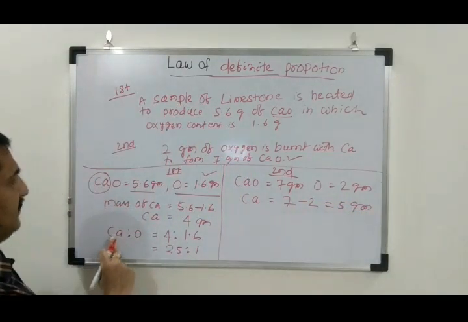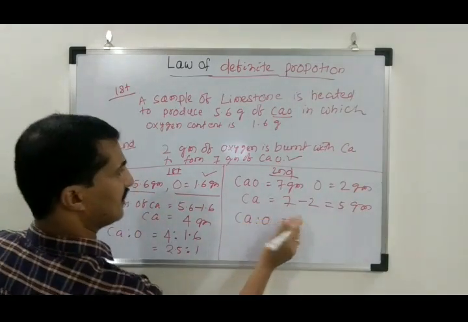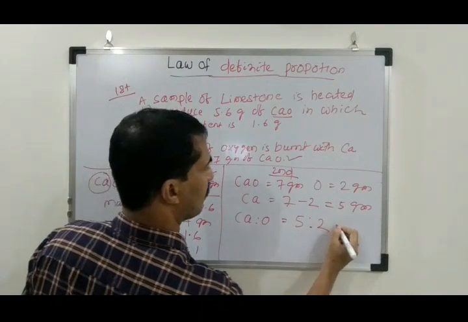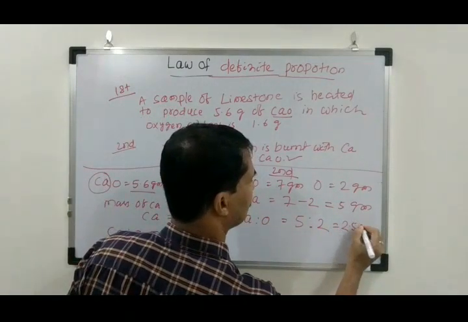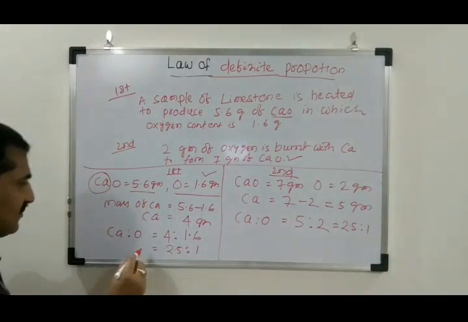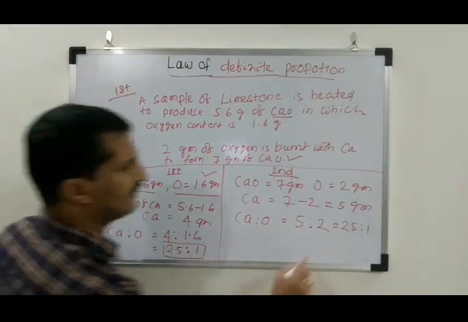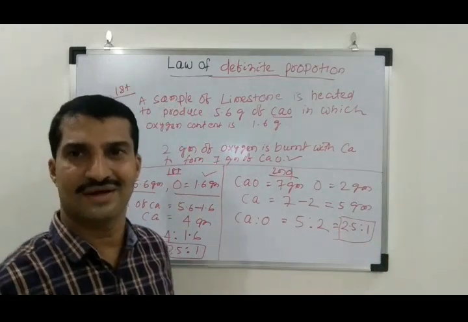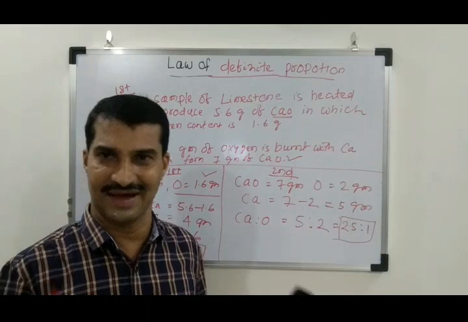Now if I take a ratio of calcium and oxygen here, then calcium is 5 but our oxygen is 2. So what is the ratio? Now if I divide, I will get 2.5. So the ratio of calcium and oxygen here is 2.5 is to 1. Here also 2.5 is to 1. This is what the law of constant and definite proportion says. Clear?